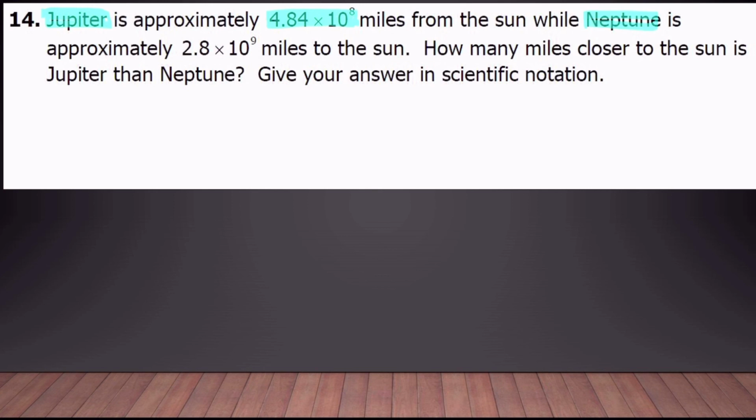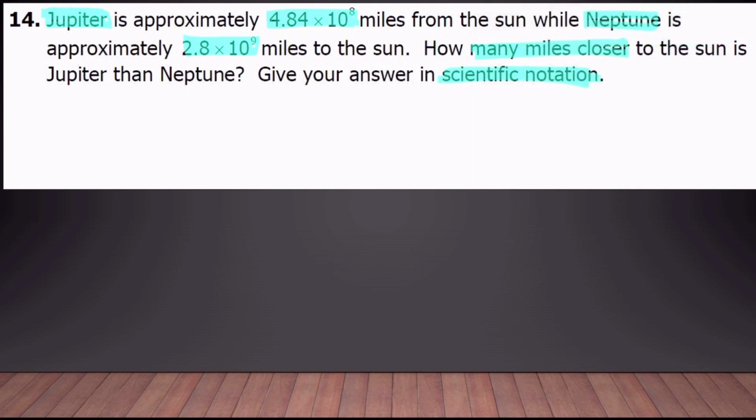Neptune is approximately 2.8 times 10 to the 9th power from the sun, or to the sun. We're talking about its distance from the sun. From, to, doesn't matter. They want to know how many miles closer to the sun is Jupiter than Saturn. And it must be in scientific notation.